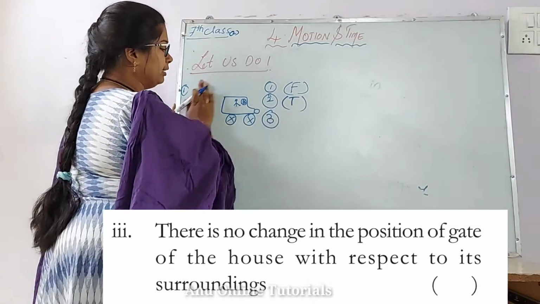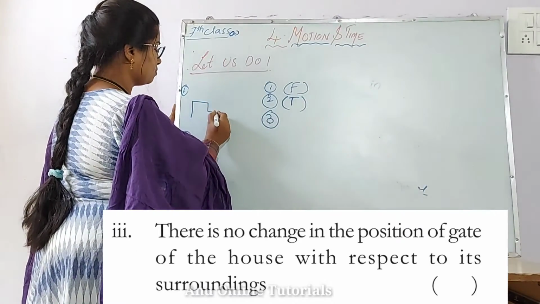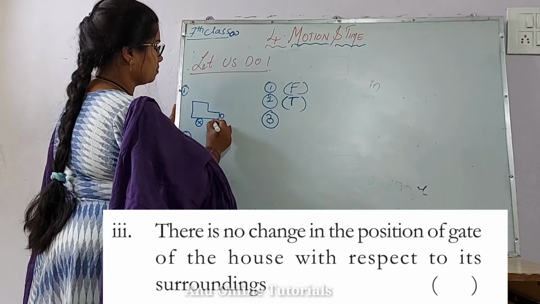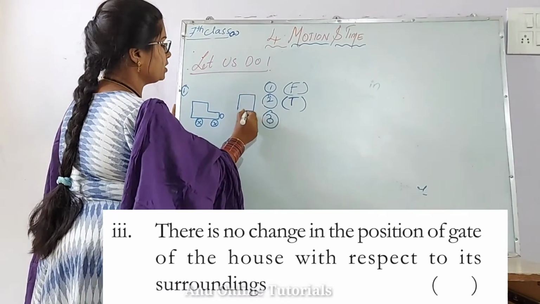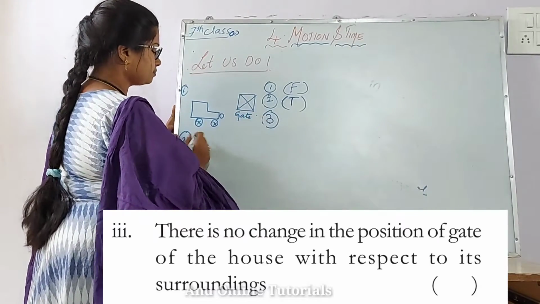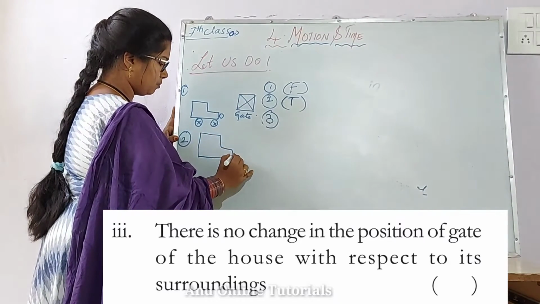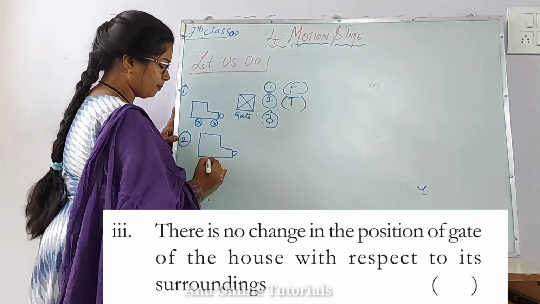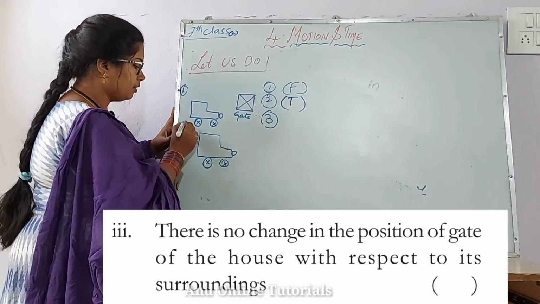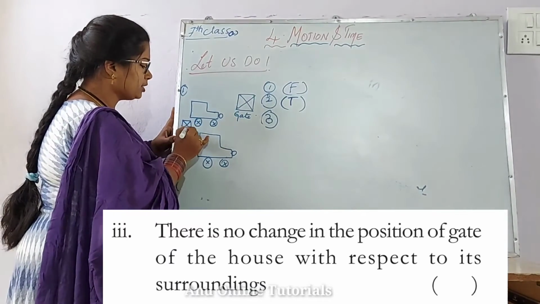In position 1, see, here is the car, and the gate is here. In position 2, the gate is here relative to the car.